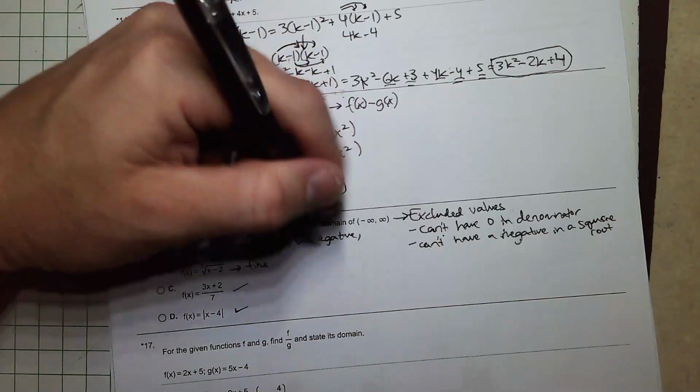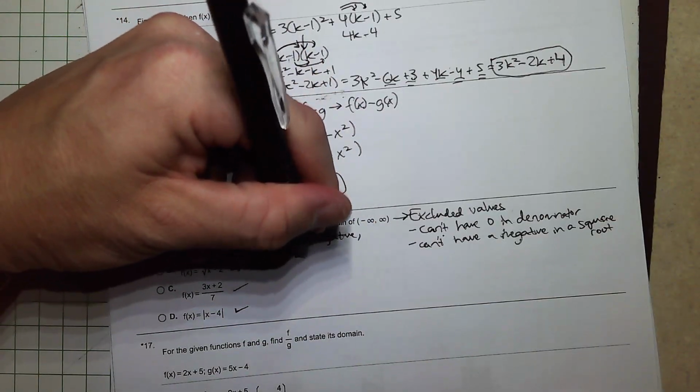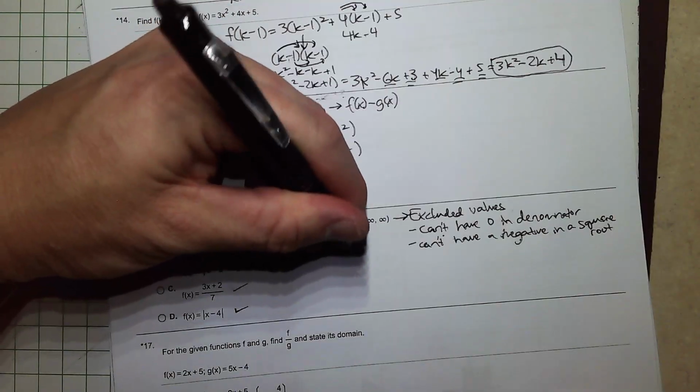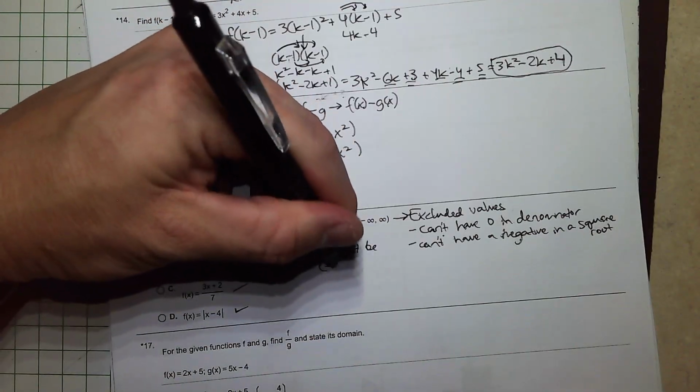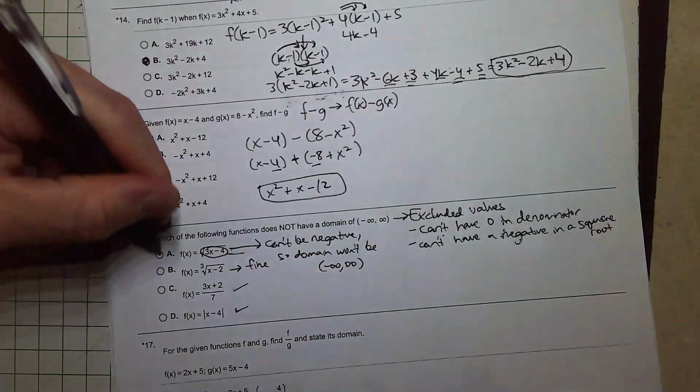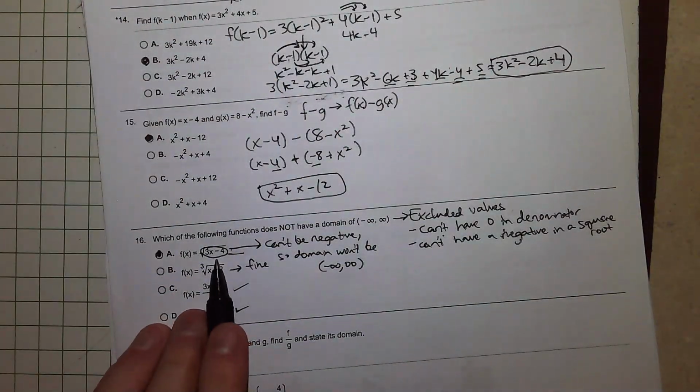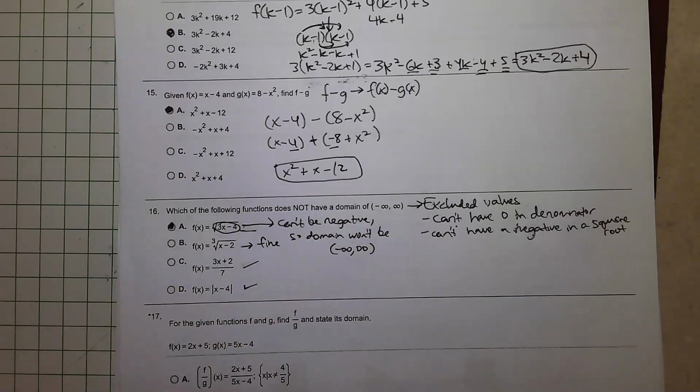So the domain won't be negative infinity to positive infinity. So that's a problem there because there are values of x that could make that negative, to where you couldn't have that, okay?